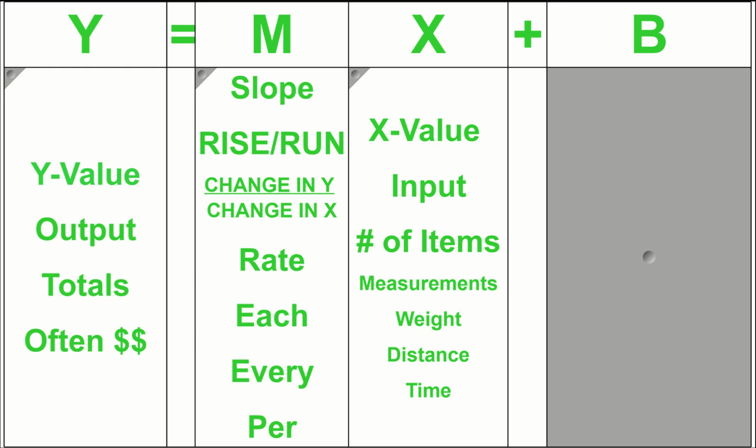So if it's talking about a distance from like miles or kilometers, that could be an x value. Measurements like length or width, whether it's inches, centimeters, feet, whatever, those would be x values. Weights of different units or time.